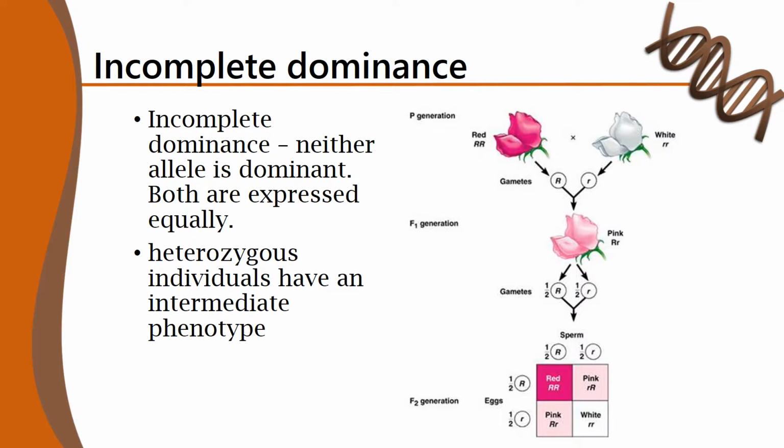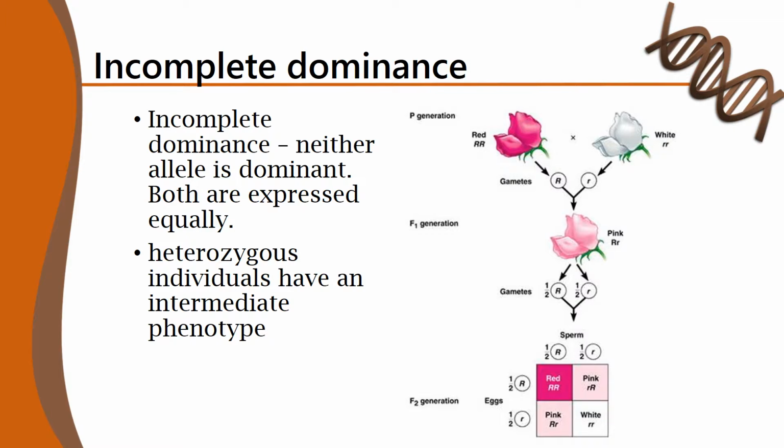Now, the other type of dominance that we're looking at is called incomplete dominance. And this is different from codominance. In incomplete dominance, neither allele is dominant. Instead, both are expressed as a mixture. In this case, heterozygotes tend to be in the middle of the two different colors, or the two different traits.